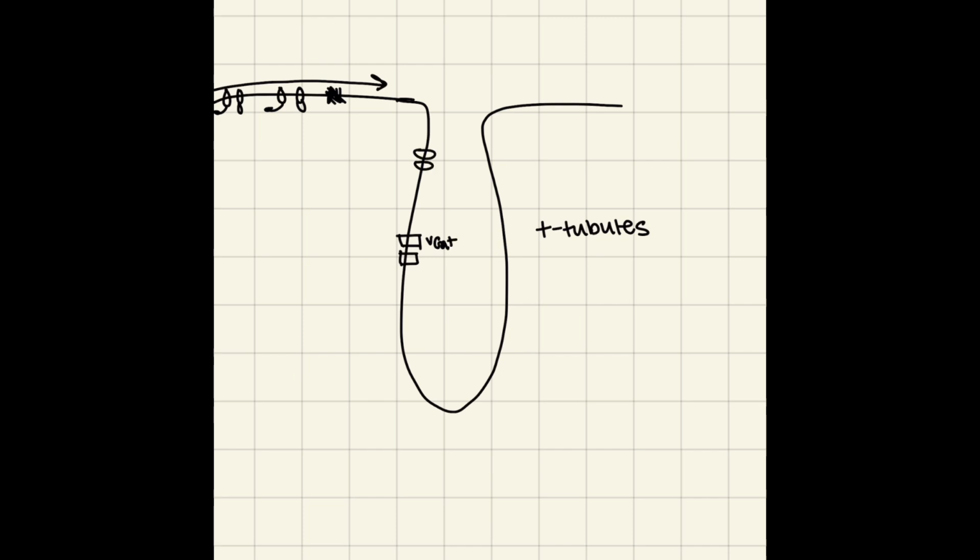T-tubules also have voltage-gated sodium channels, which are open with an action potential. They have voltage-gated potassium channels. They also have voltage-gated chloride channels, which I put on this side just because I don't have enough space, but they could go on either side really.